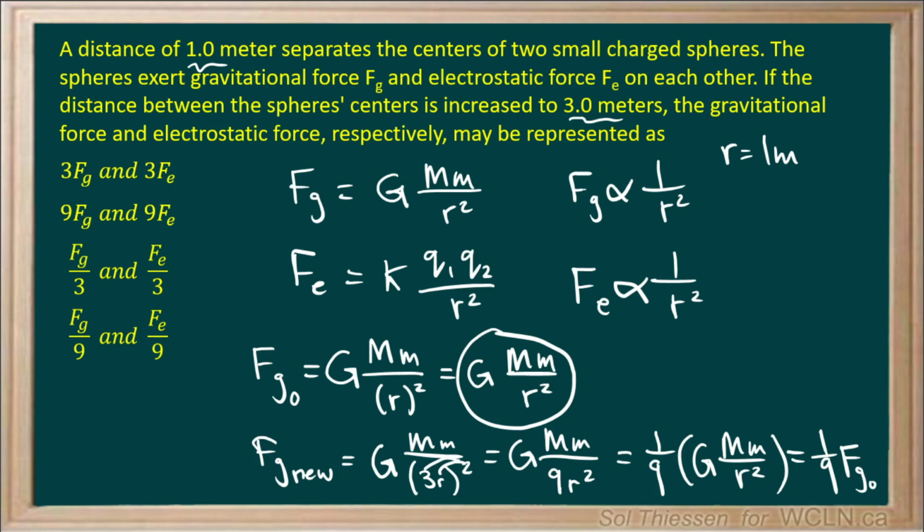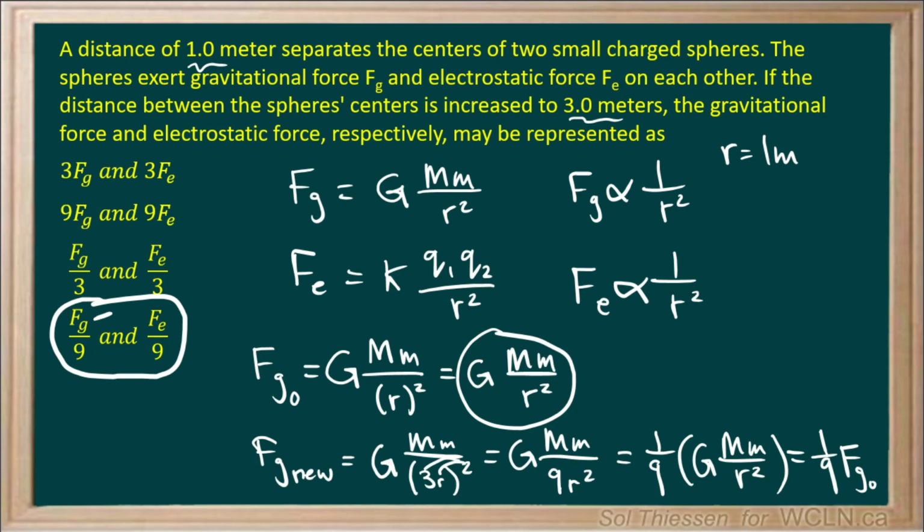Now you can perform a very similar analysis to find the same thing with the electrostatic force, since it is also inversely proportional to the distance between the objects squared. So both forces will be 1/9 of what they were before if we increase the distance to 3 meters from 1 meter. So we're looking at the force of gravity over 9 and the electrostatic force over 9.